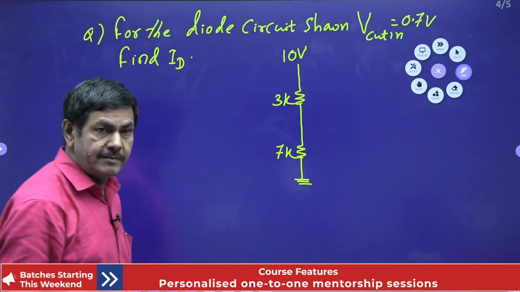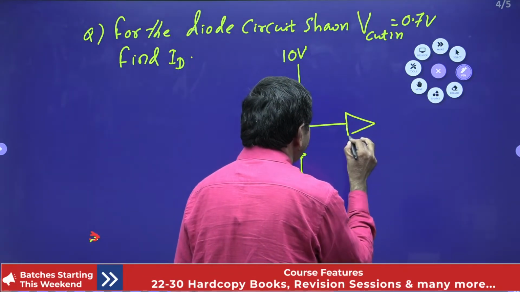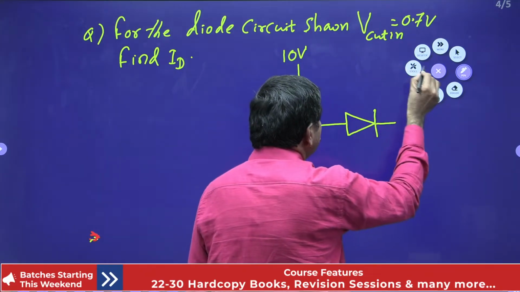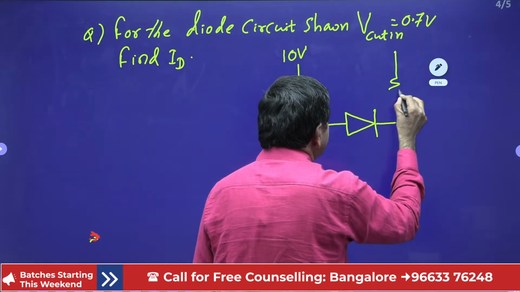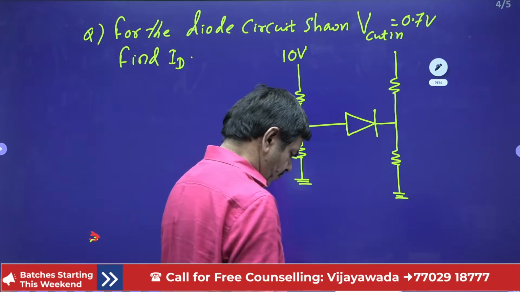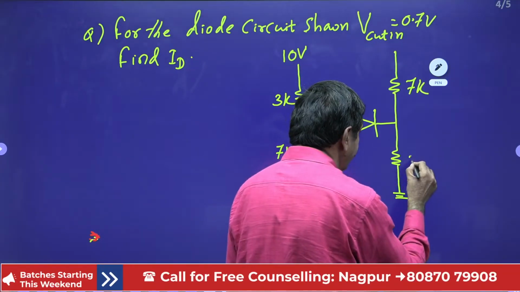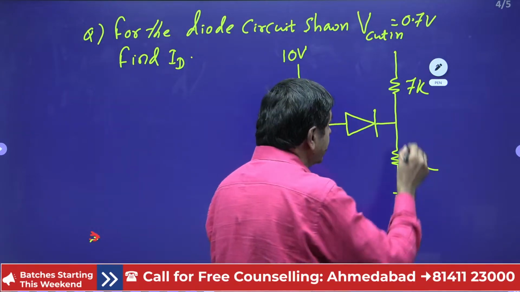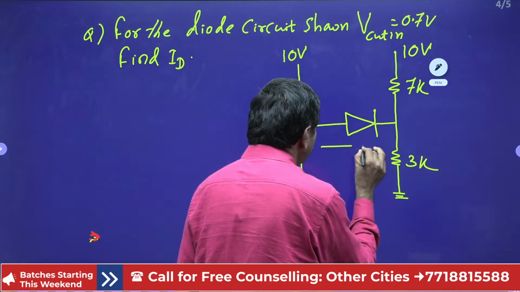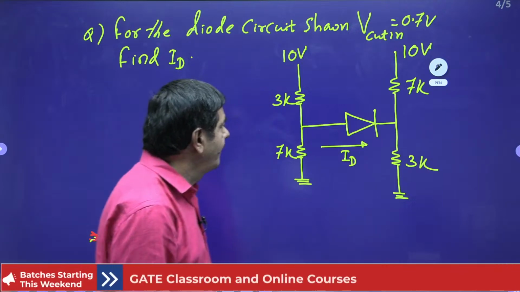There is a diode here, and here connected with 2 more resistors like this: one of the resistances is 7K and another is 3K. And the voltage connected here is 10 volts. It is asking to measure the current passing through this diode. ID is asking to measure. Yes, that value is required.